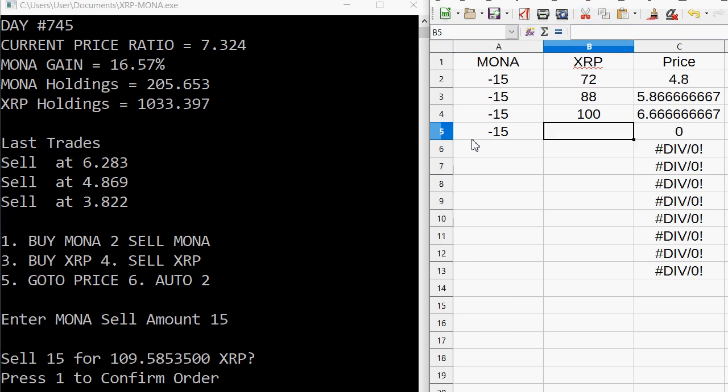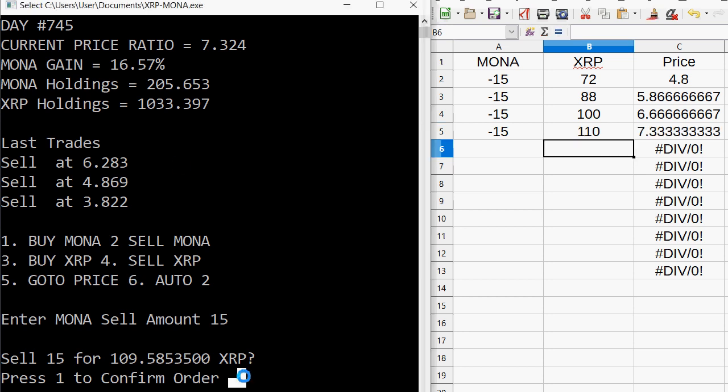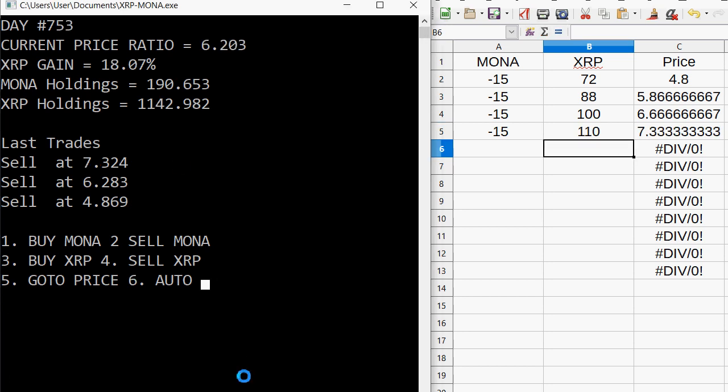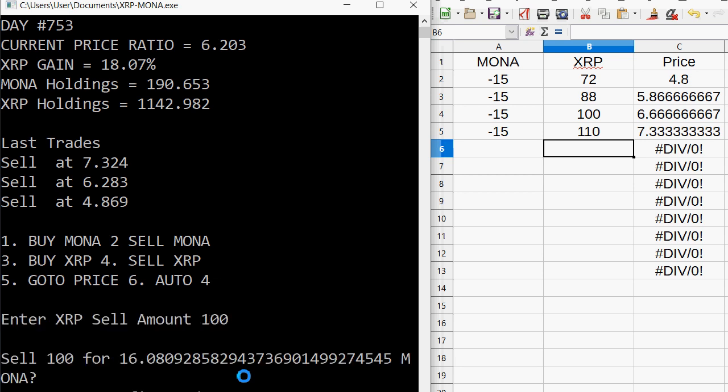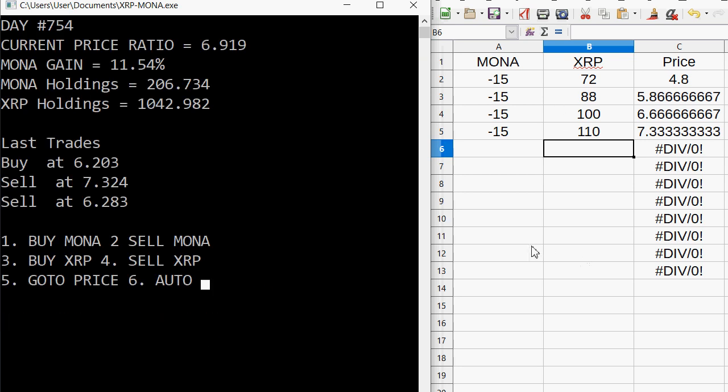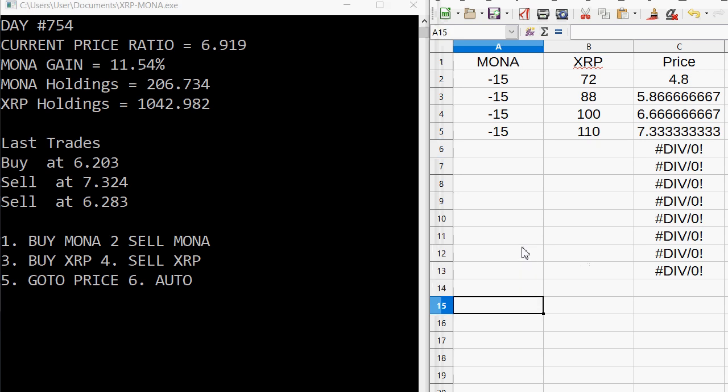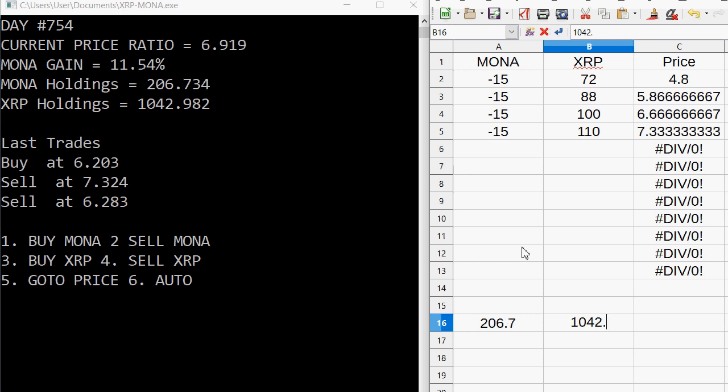I maybe should be selling more. And then we'll do the final buyback in here. Gain of that. So here we are. So now we own 206.7 of these, 1042.9 of these.